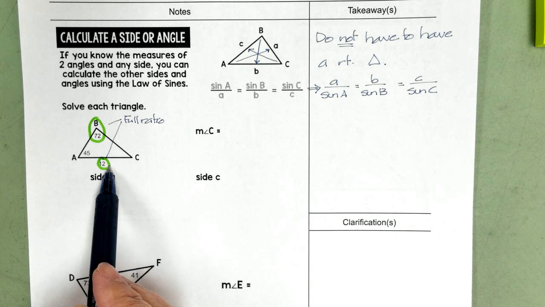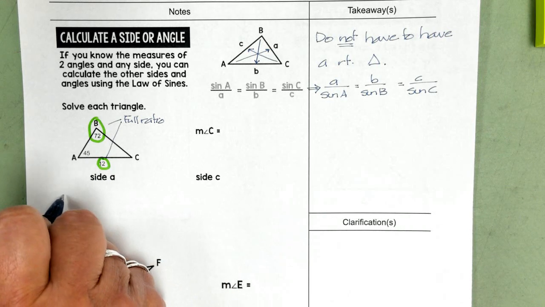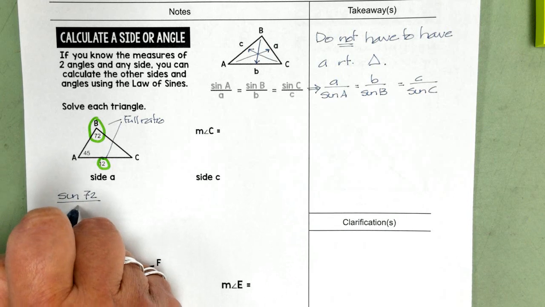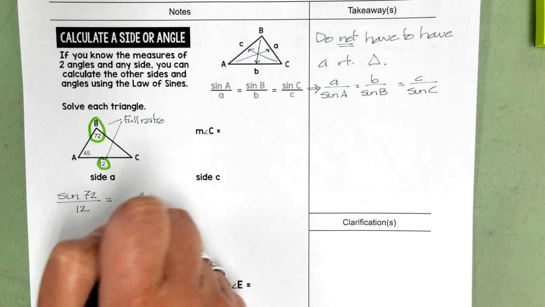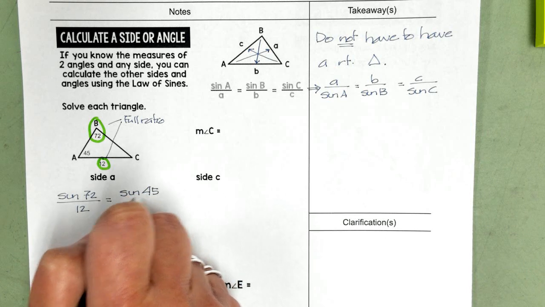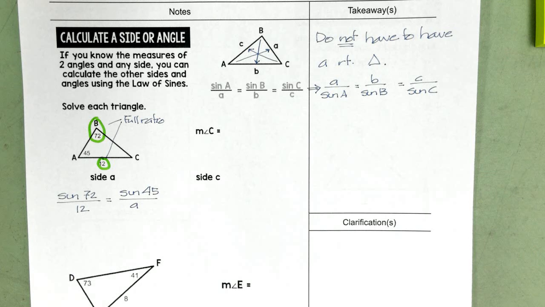Okay? So the first thing I'm going to do is solve for side a. Notice that our full ratio involves angle B and side b. So I'm going to take the sine of 72 over 12 and set that equal to the sine of angle A, which is 45, over lowercase a.